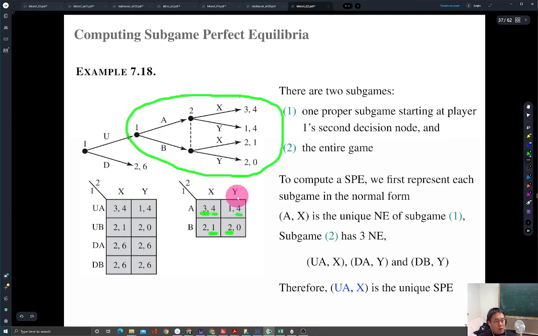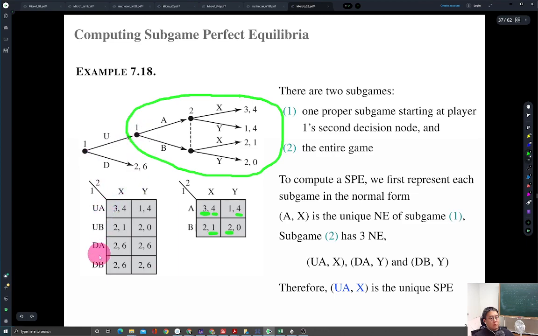All right. So remember, SPE requires two things: Nash equilibrium in this subgame and in the entire game. So now we consider Nash equilibrium play in the entire game. But in the entire game, player 1's strategy is now a 4-tuple vector, because player 1 has 2 information sets. A strategy has to specify what the player wants to do at this one or at this one.